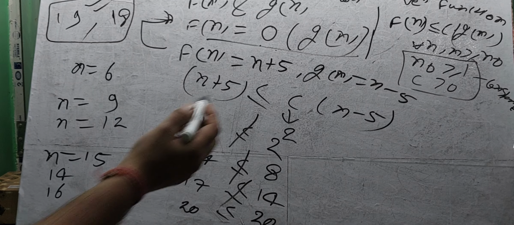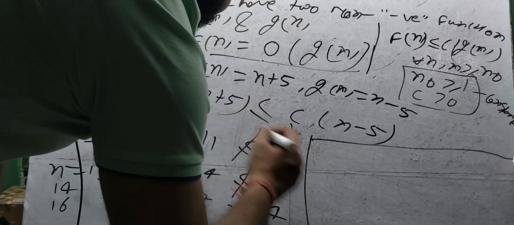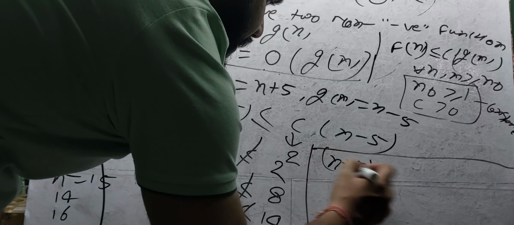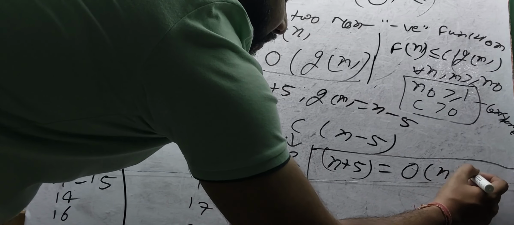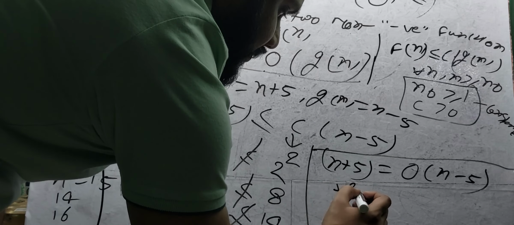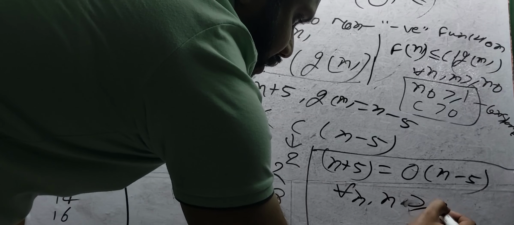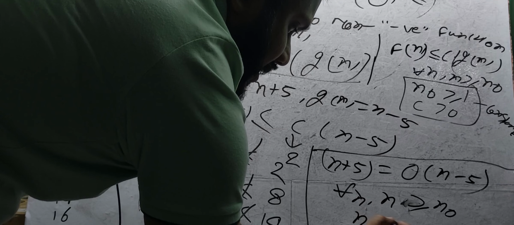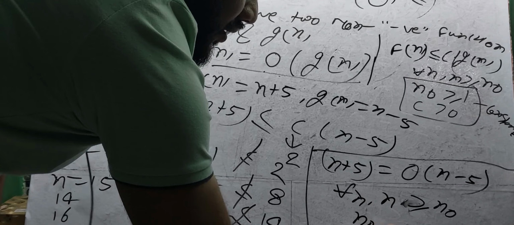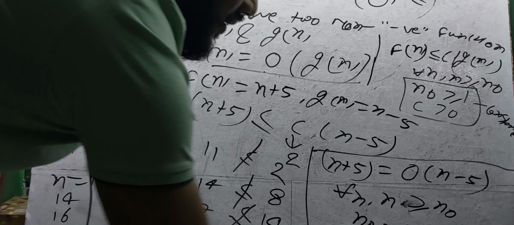Okay, so for this example we can write n plus 5 equal to big O of n minus 5 for all n greater than or equal to n naught, where n naught equals 15 and c equal to 2.